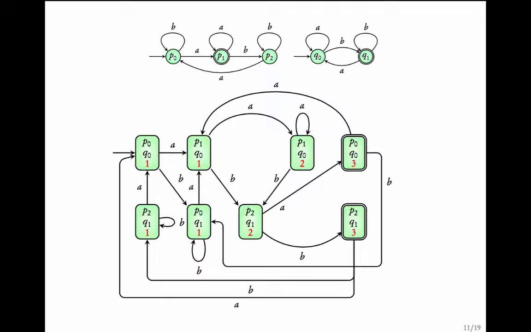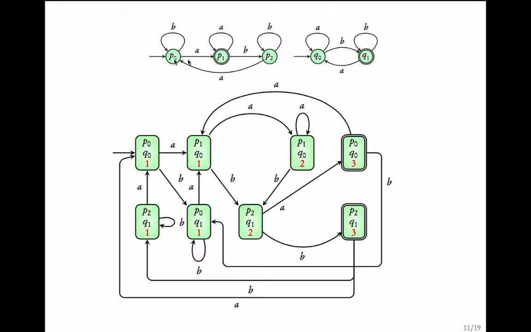Essentially, if you work this out on examples, you will figure out that this automaton is tracking the runs of both these automata and finding whether both of them have an accepting run on that word. For example, here when we did AB, we were doing P0 to P1 to P2 to P0 to P1 to P2 and so on. So that is what is happening here. P0 to P1 to P2 to P0, back to P0, P1, P2, P0, P0, P0 and so on.